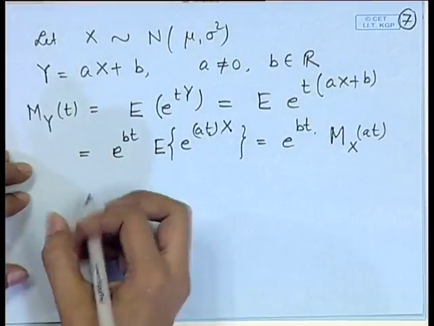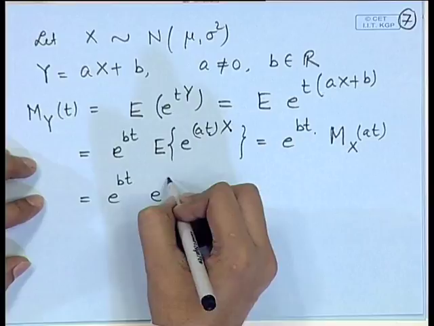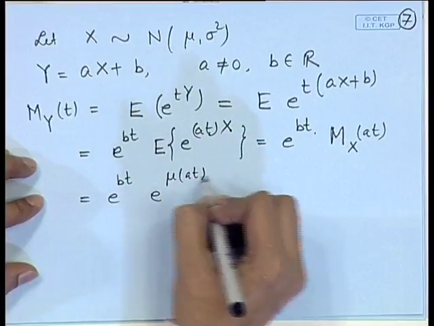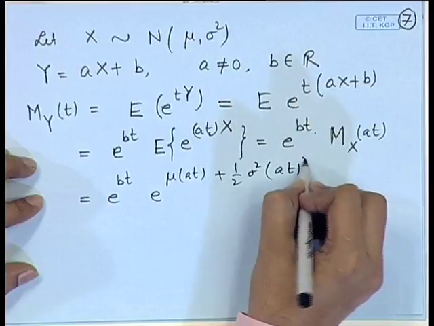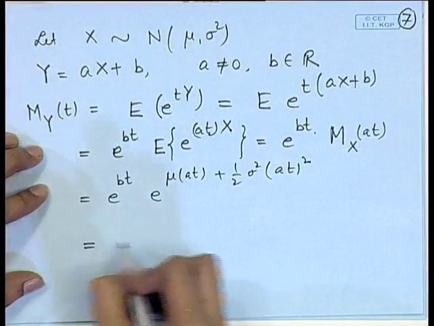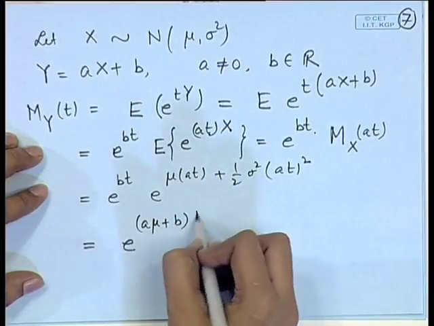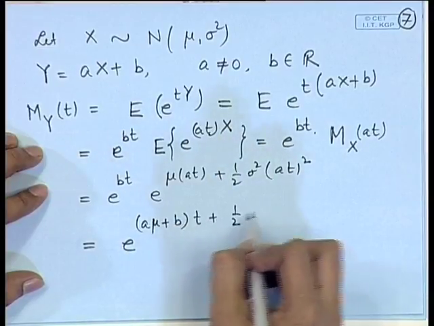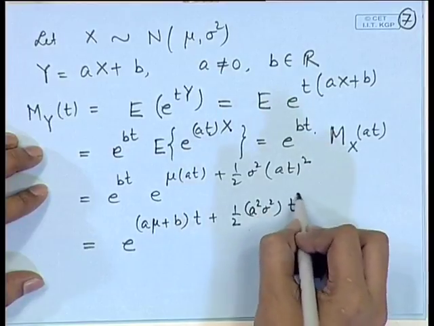So, we will get here e to the power bt e to the power mu at plus half sigma square (at) whole square. So, we can adjust the terms: (a mu plus b) t plus half a square sigma square t square.